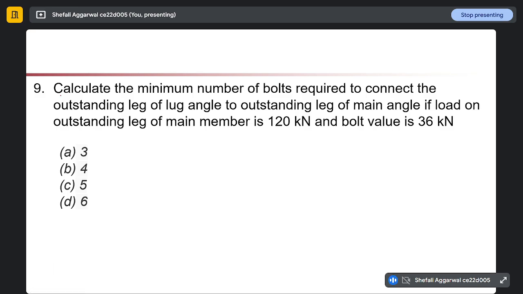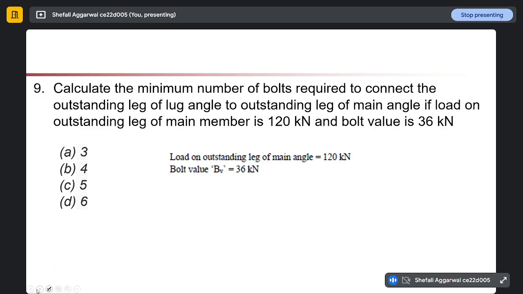Fine. The next question is, calculate the minimum number of bolts required to connect the outstanding leg of the lug angle to the outstanding leg of the main angle, if the load on the outstanding leg of the main member is 120 kilonewton and the bolt value is 36.